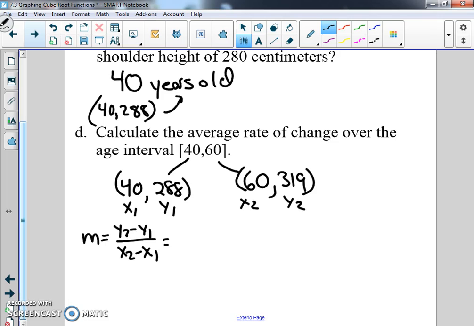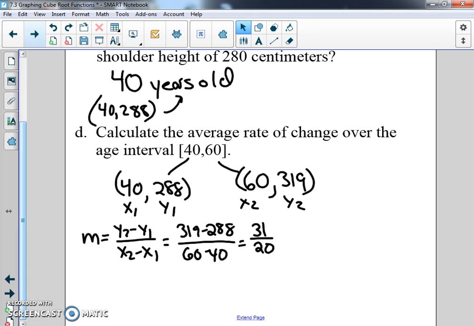That is going to give us 319 minus 288 over 60 minus 40. That's going to be 31 over 20, or approximately 1.55 over 1.